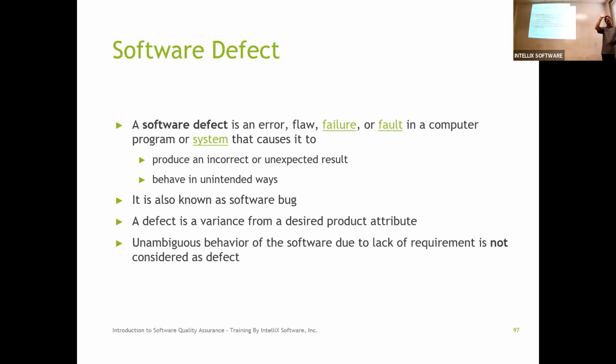Remember, when you get the requirements, the first thing you do is identify acceptance criteria. When you test a system and it produces results that don't meet that acceptance criteria or expected behavior, that's a defect.